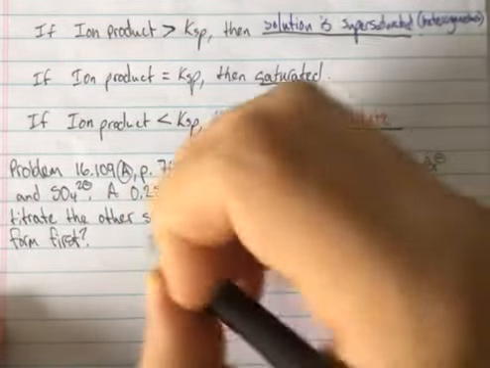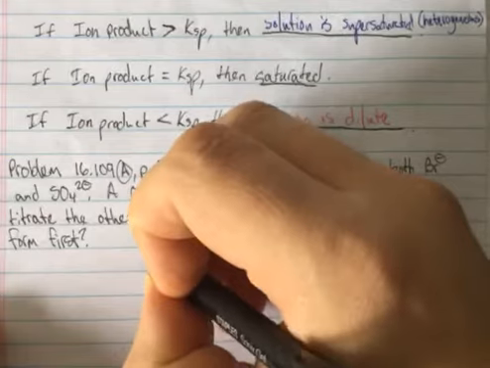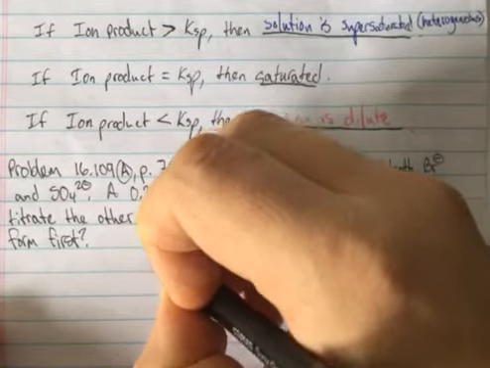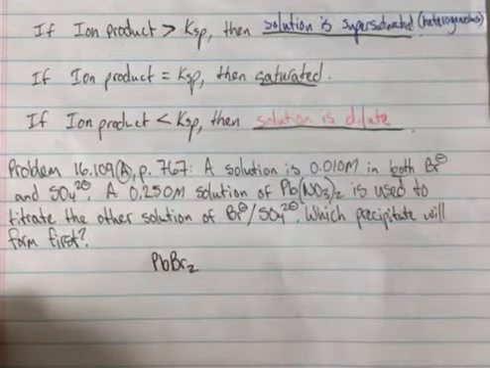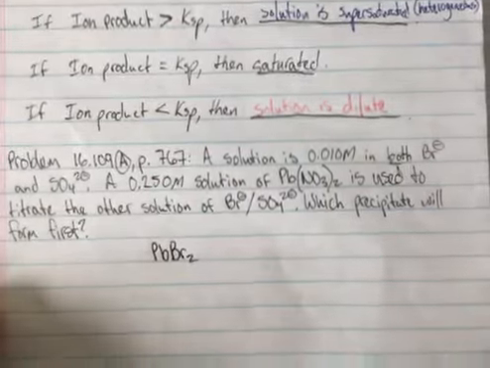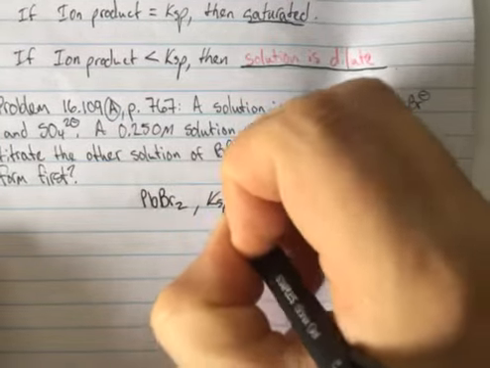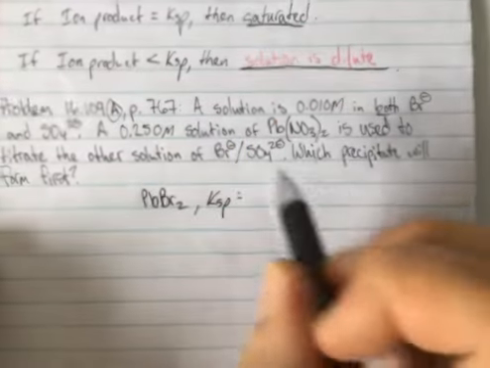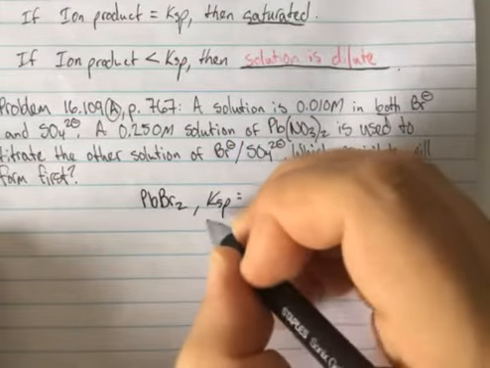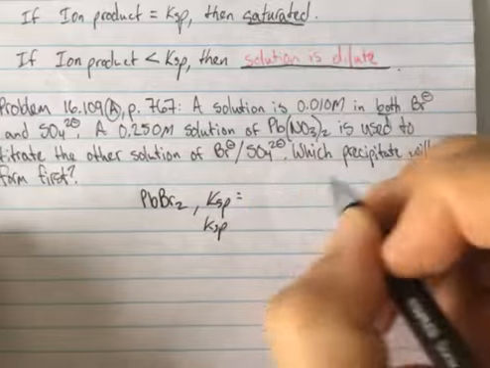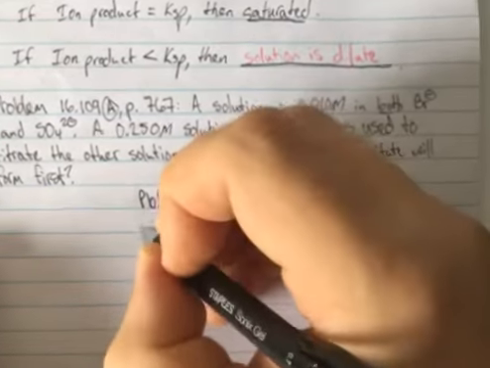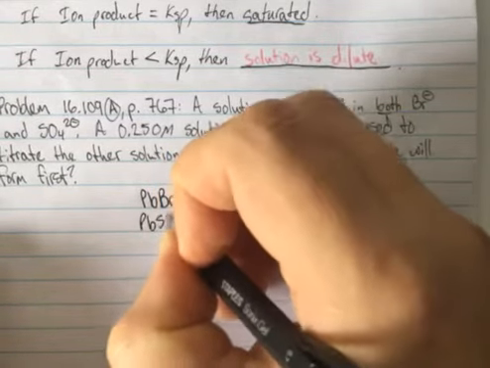Quite an alliteration there. Okay, so we're going to have lead bromide, or PbBr2. And then we'll need the KSP for that. And then we'll also need the KSP for lead sulfate.